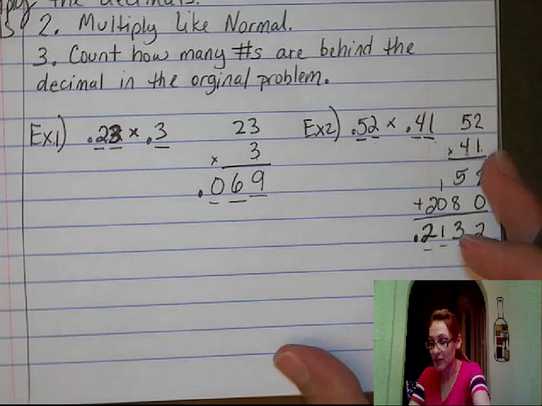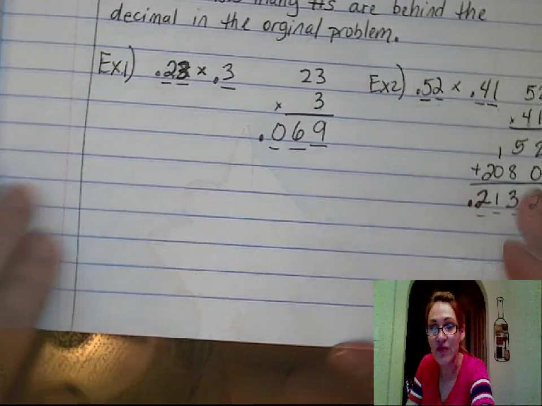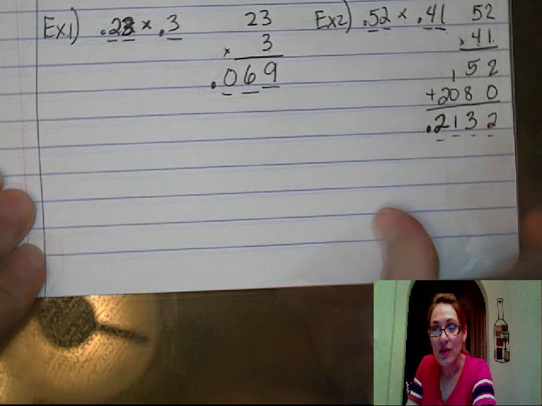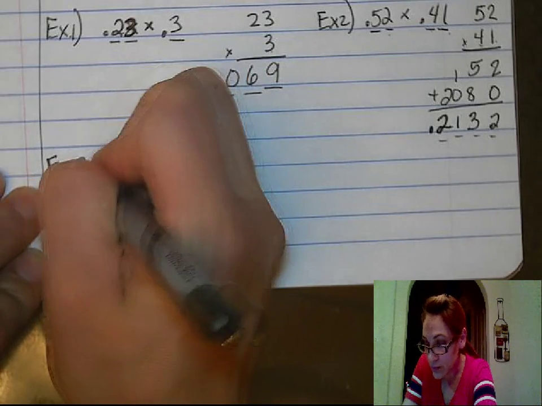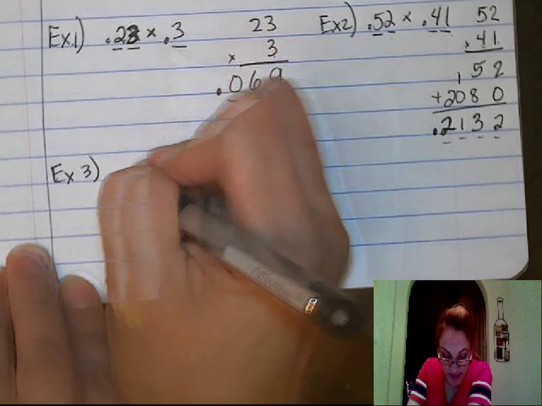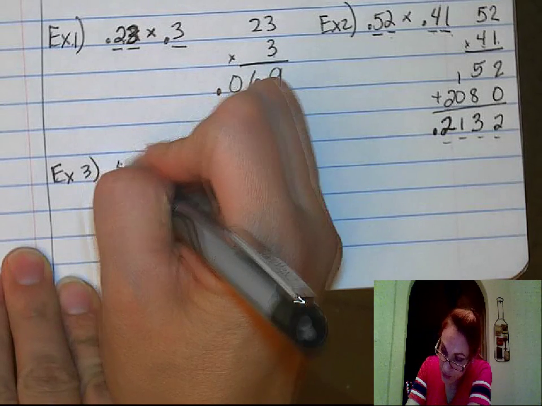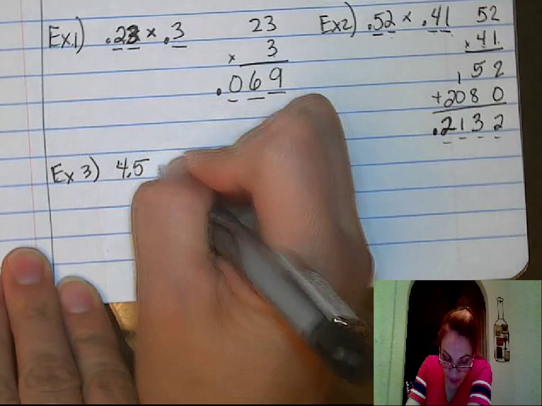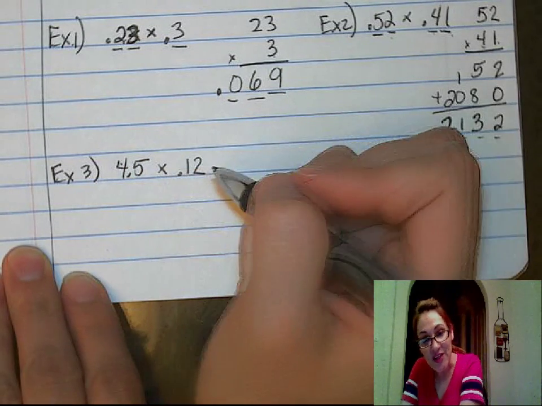So let's look at another one. Let's do example 3. We want to make sure we have plenty of practice on this. This time let's do 4.5 times 12 hundredths. Or 4 and 5 tenths times 12 hundredths. That's how I should really say it.